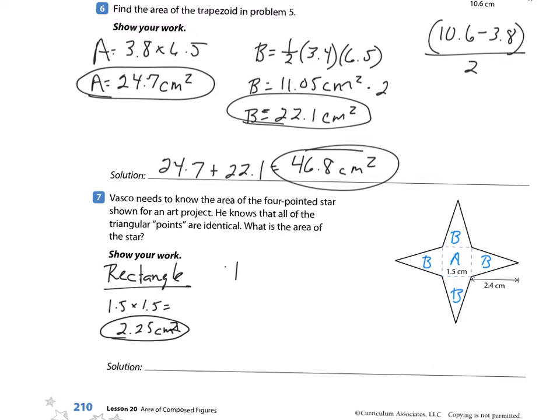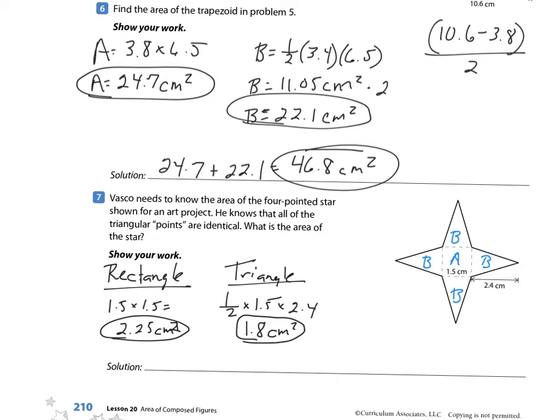For the triangles, we got to find the base and multiply it by the height and multiply it times 1/2. So 1/2 times the base. The base is 1 1/2 because that's the length of the side of the square, times the height, which is given, of 2 4/10. So finding the area of one of those triangles comes out to equal 1 8/10 square centimeters.